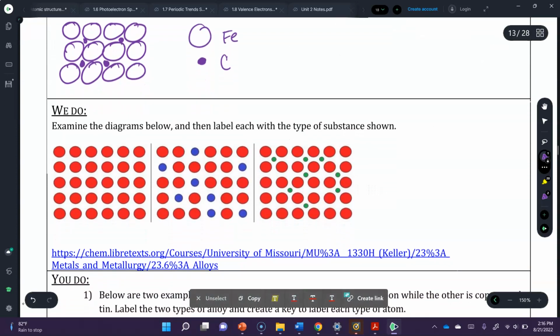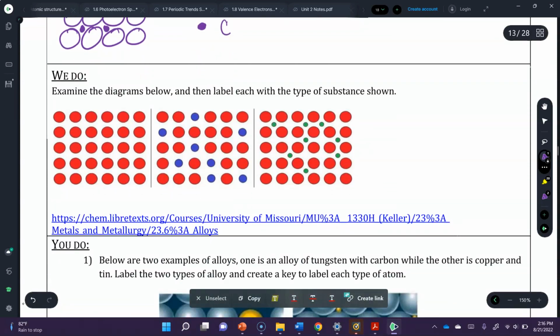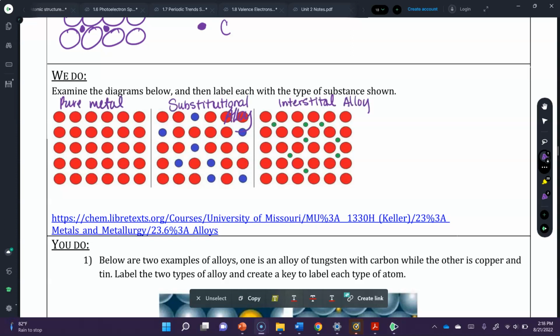So now in the we do, using the notes, please pause the video and label each one of these. Okay. So in the first one, we don't see any different atoms, we just see one, and so we can assume that that is a pure metal given the context of what we've been talking about.